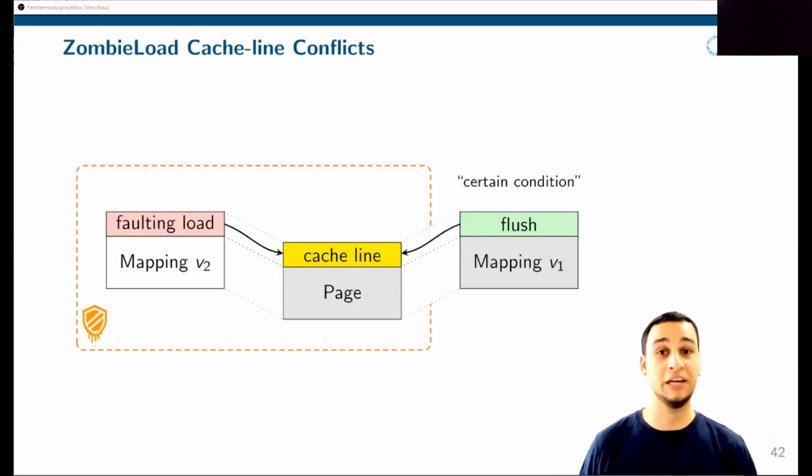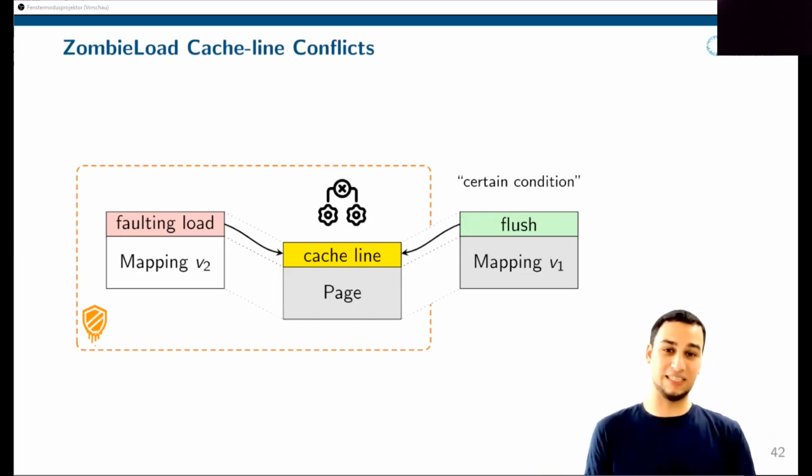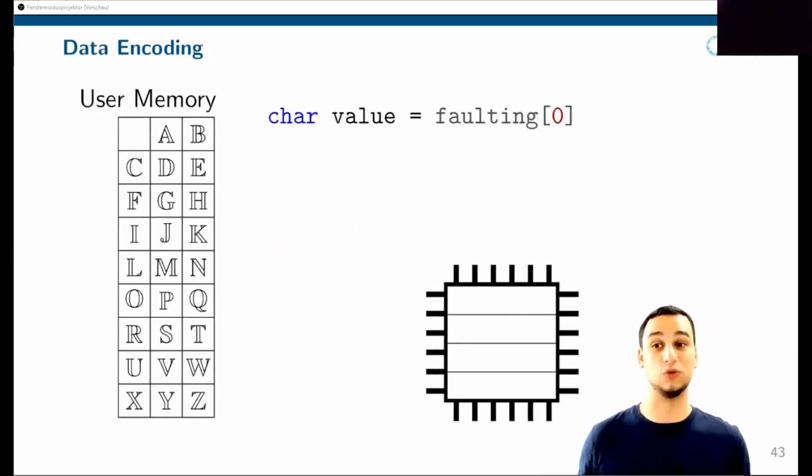So a weird combination that should never happen in a normal application, but something we can easily build. If we have that scenario, then we flush one cache line, at the same time access that, and then there's an additional fault for loading that. So a complex condition, and then bad things happen. What bad things are is that we get an old value that is stored in the fill buffer, and we can transiently use that.